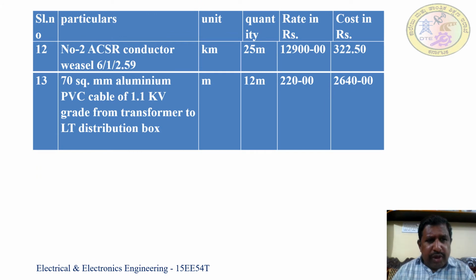So next, the 12th item is number 2 ACSR conductor. That is Weasel 6/1/2.59. Here 6 represents 6 aluminum conductors, 1 represents a steel conductor, and both the steel and aluminum conductors' diameter is 2.59 mm.